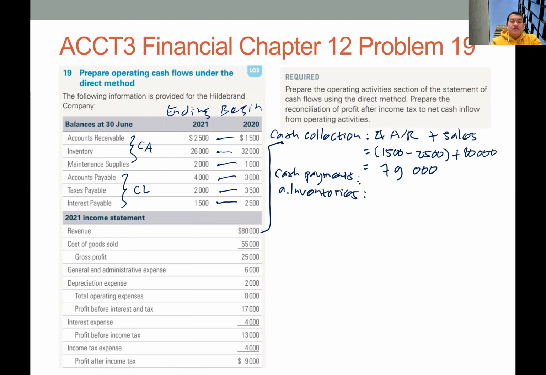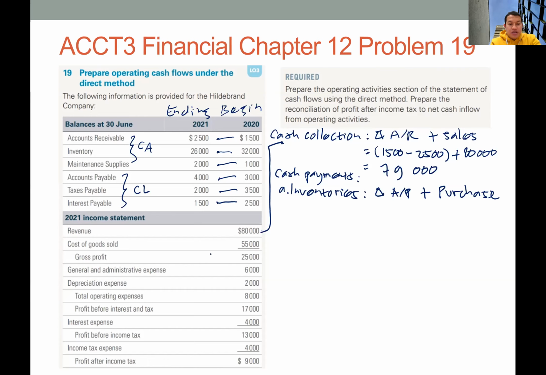So we have learned that for inventories, we use the account payable cycle, which is changes in account payable plus purchase. So we have the account payable here, but we don't have the purchase, so we have to calculate the purchase first.